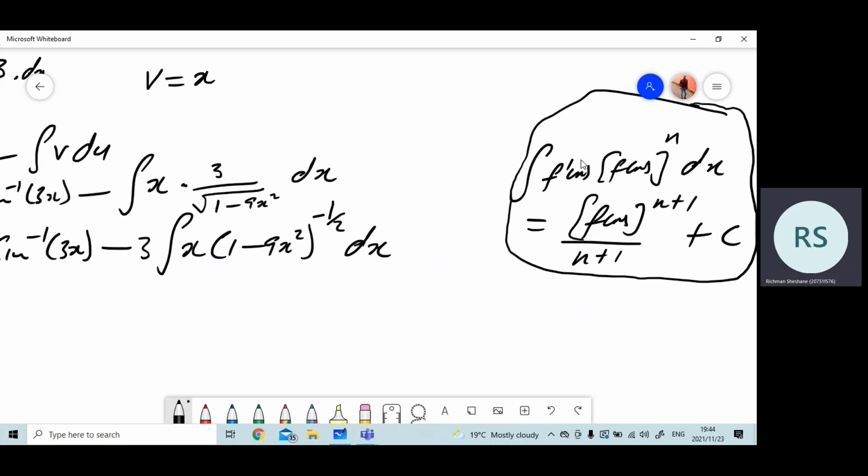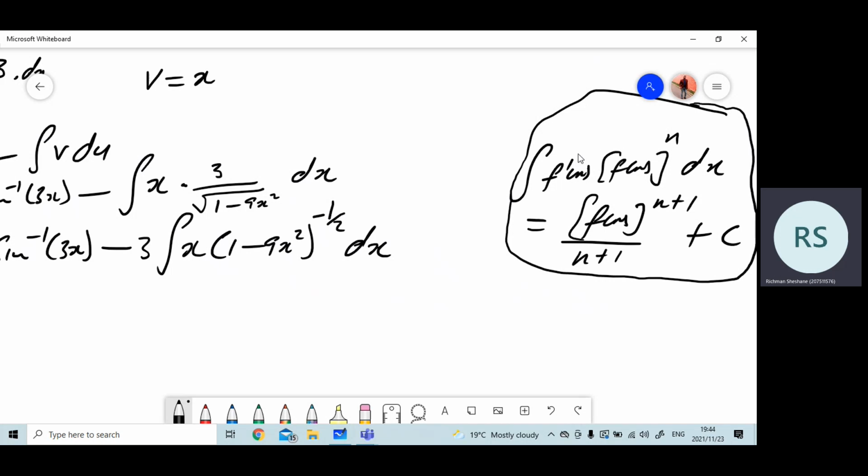Some of you know u substitution. U substitution says u is the same as f of x. We let u be the inner function such that it has a derivative outside. We have du outside.